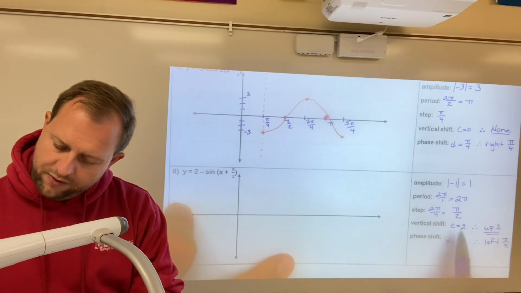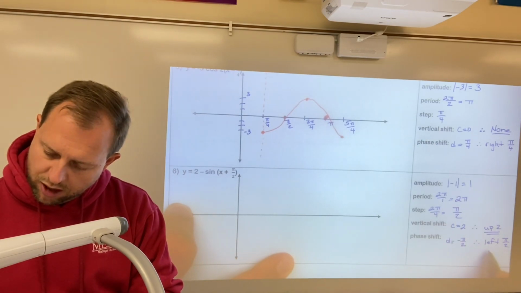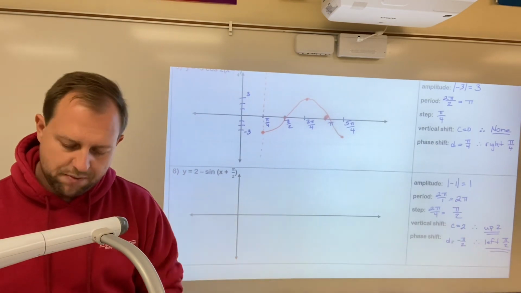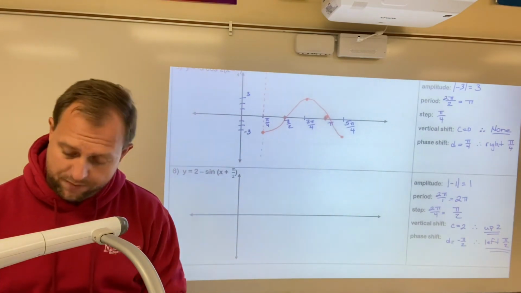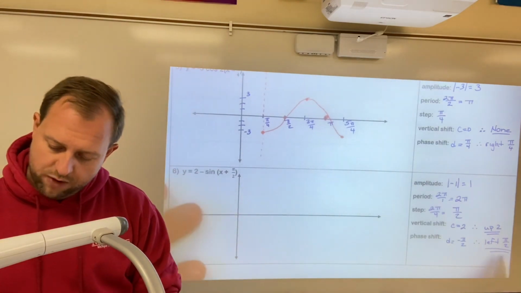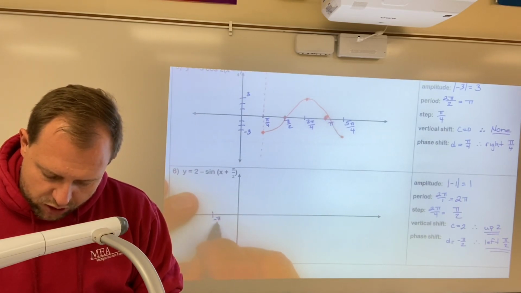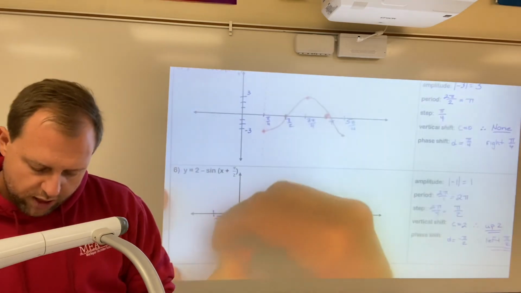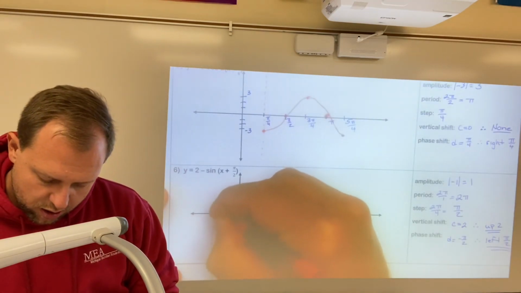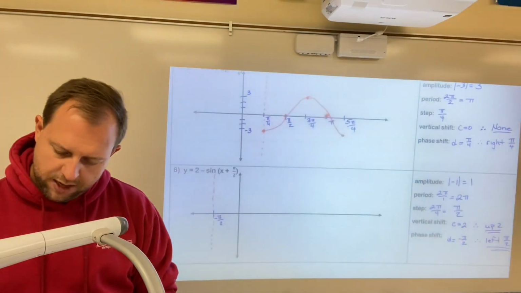Hopefully always our phase shift and our steps are multiples of each other because that makes graphing far easier. So we're going left pi over 2, which means 1 step to the left, negative pi over 2 is where our y-axis will be.